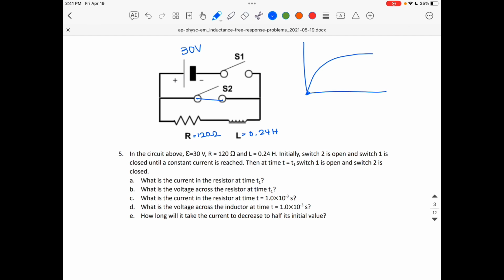So originally the current, when it was originally closed, was going this direction and back to the battery.